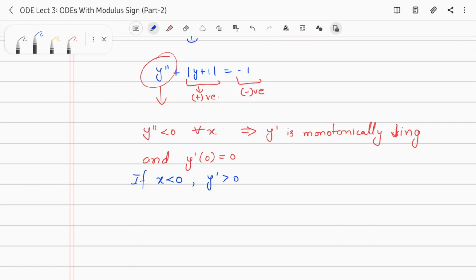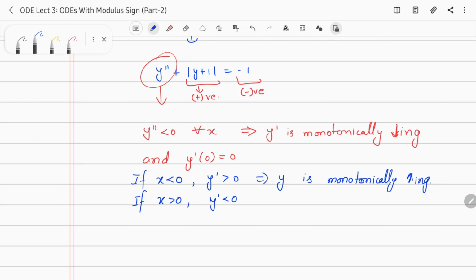So for negative values, y' will be positive, and in that case y will be monotonically increasing, right? I hope it is clear to you. And if I take x greater than 0, in that case y' will be less than 0. Why?